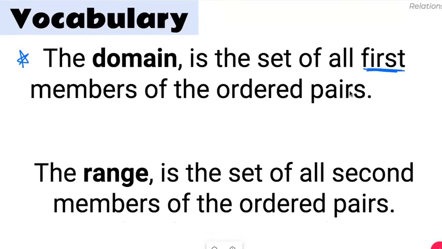So the first member of the ordered pair. If you have an ordered pair, the first value is always what? The x coordinate. The second value is always the y. So the domain is the same thing as the x coordinate.